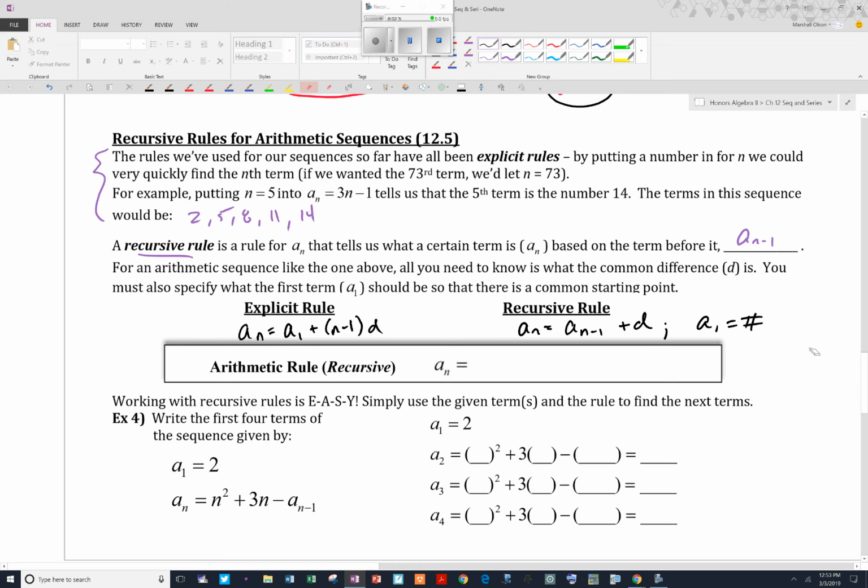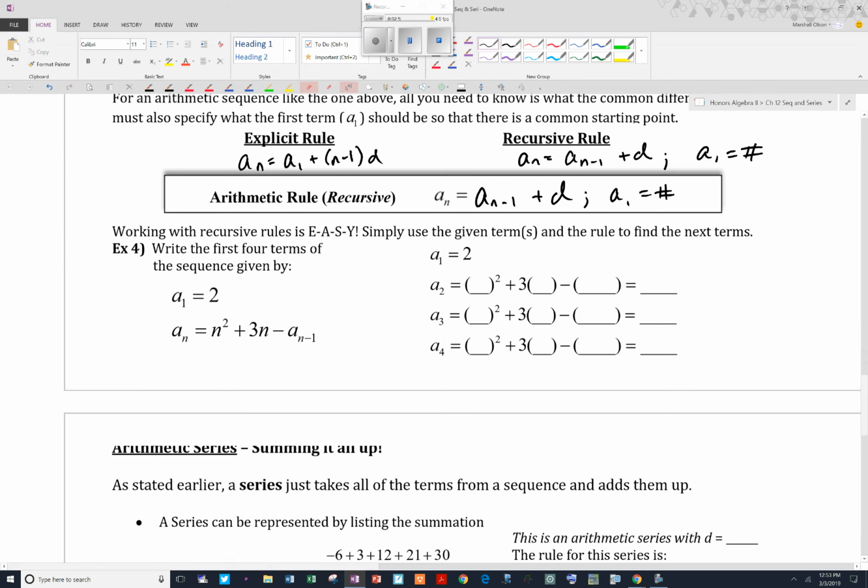All right, so again, the arithmetic rule recursively would be that a sub n equals a sub n minus 1 plus d. And we will also give the first term. So this next example is a cross between both recursive and explicit, throwing everything at you at once.